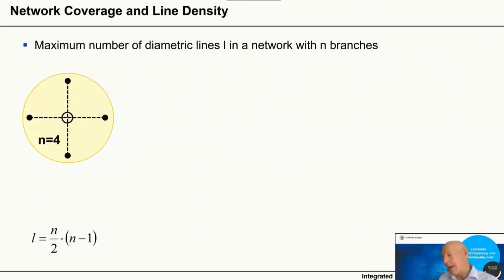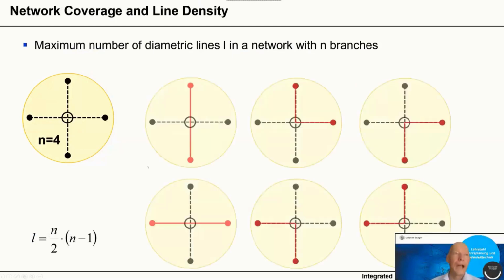Now, I want to talk briefly about why line planning is difficult. Anita will do that with you, but just to give you an idea why things are complicated, what we do, if we just look at this simple example I have here with the 4 branches, we can, assuming we have diametric lines, with this equation, compute the maximum number of lines we can find in that network.